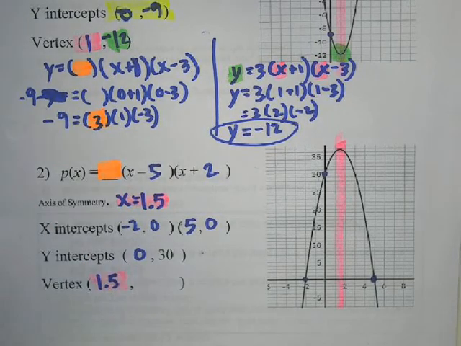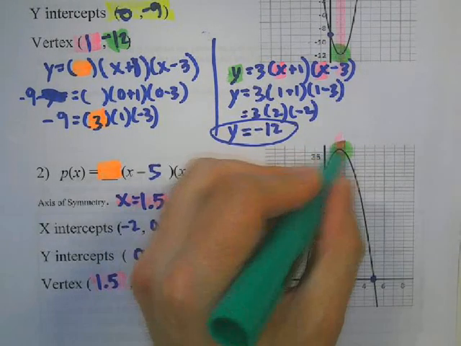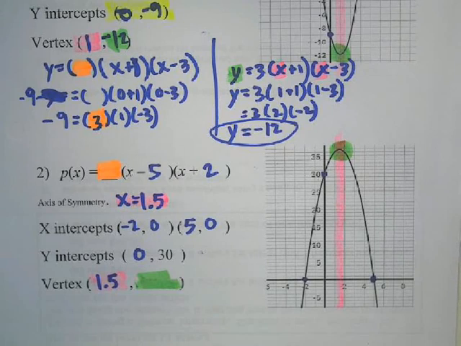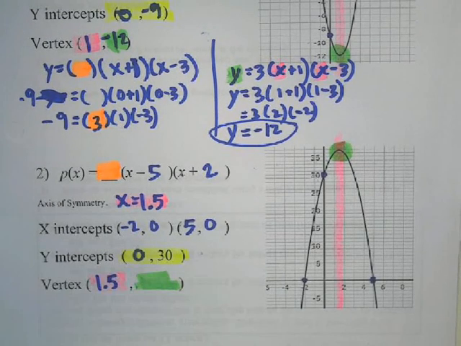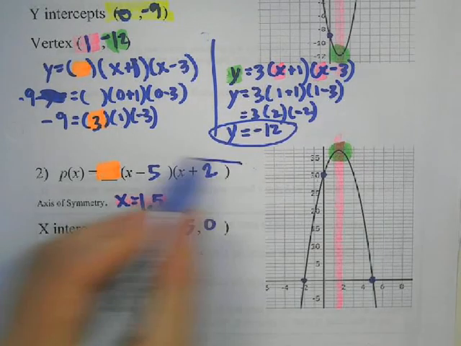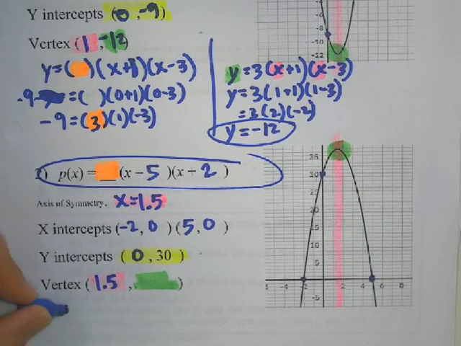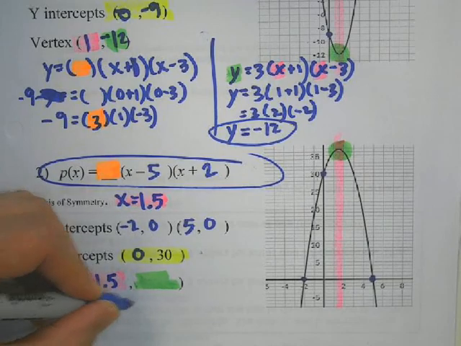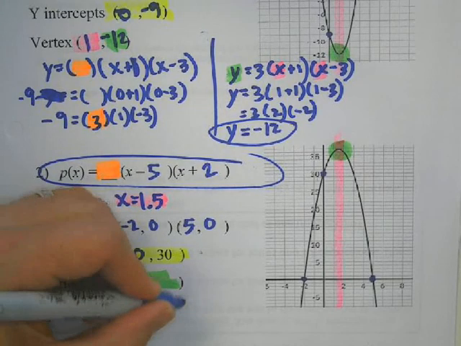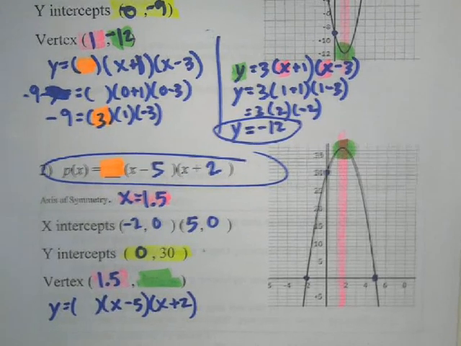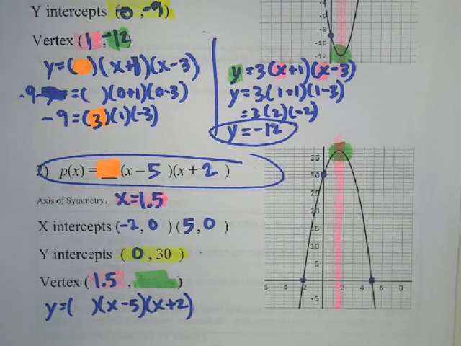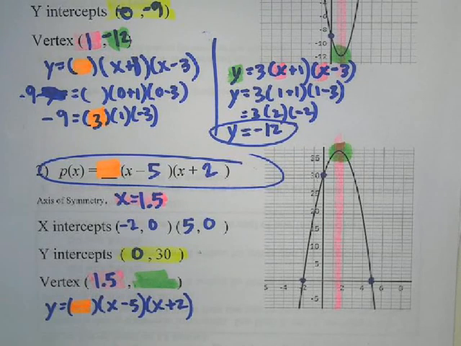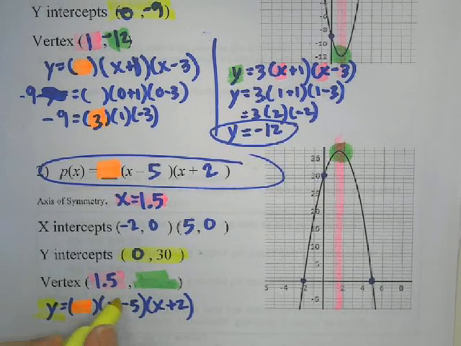So we want to find this vertex. But before we can do that, we need to find the orange number. To find it, we're going to use this point that we know and this equation here. So we've got y equals my orange number times x minus 5 times x plus 2. In order to find the orange number, I'm going to replace y with 30 and x with 0.